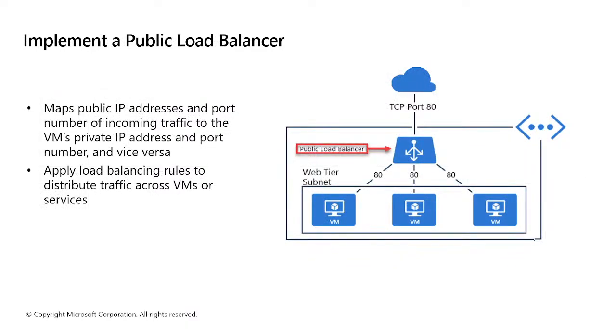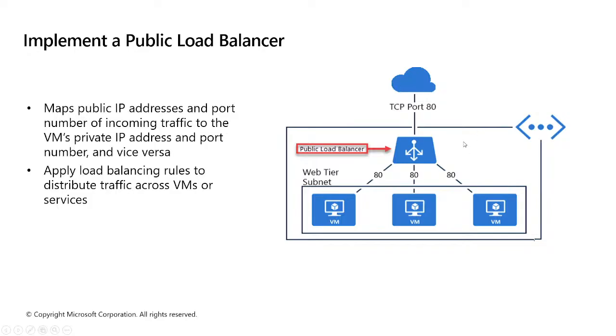Now, this is the public load balancer, and this is what we're trying to do. Like I said, we are looking at traffic that is coming in or going out. In this case, it's traffic coming into those particular servers. Now you can see this drawing here represents the internet.